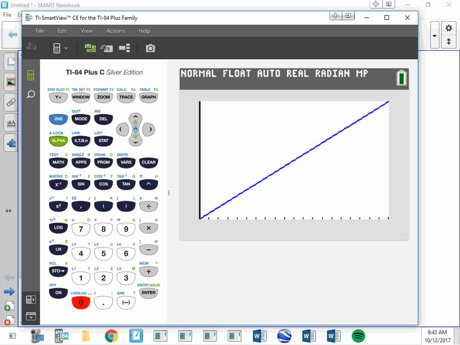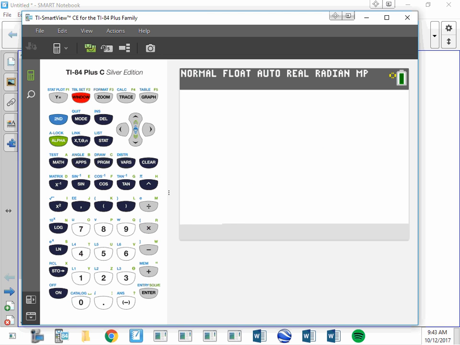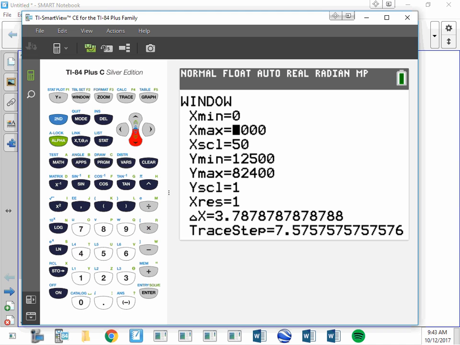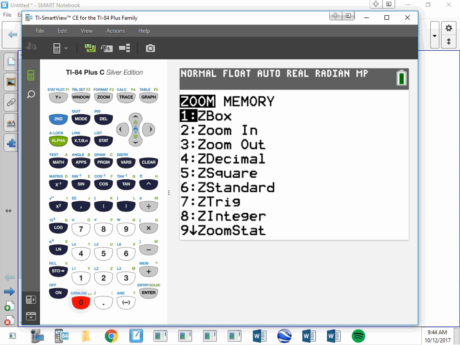You didn't push zoom fit. So I need way more X's. Apparently this company is going to sell more than 1,000 accessories. So window, how about 10,000? 500 here. Zoom 0.